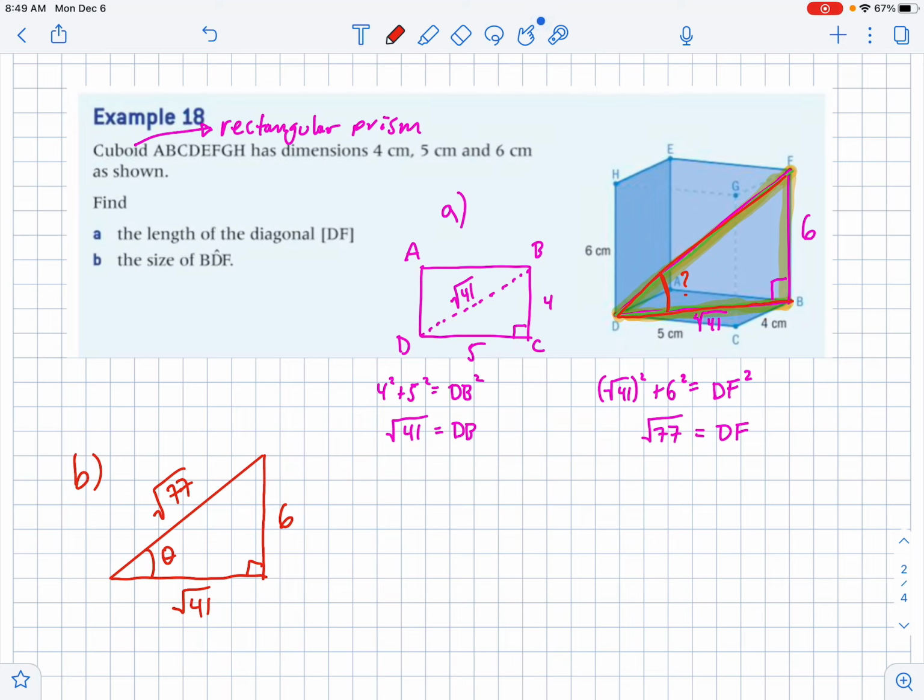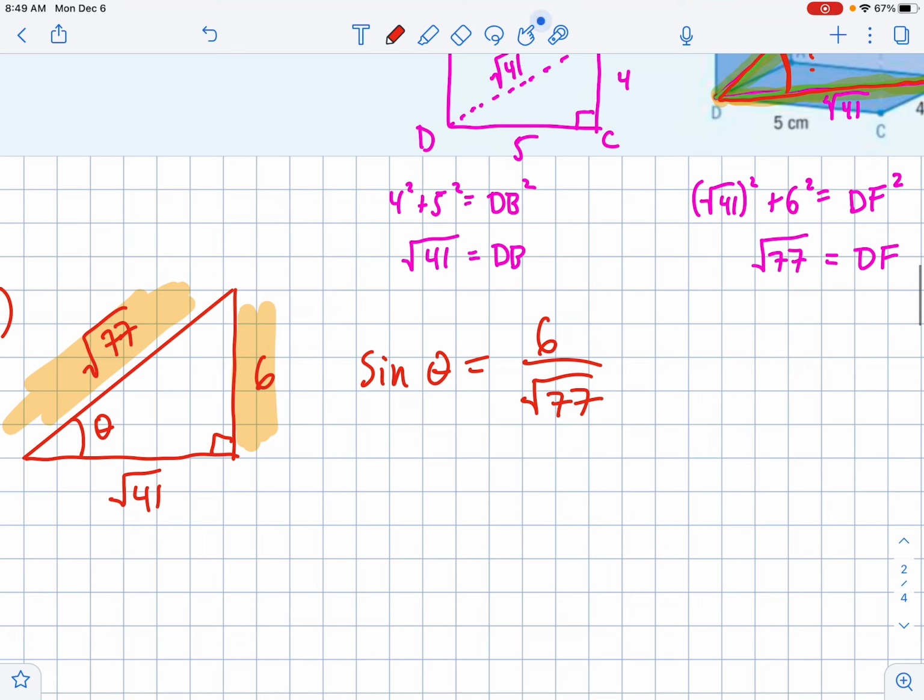Because it's a right triangle, I can use SOH CAH TOA. So I'm going to do sine equals opposite over hypotenuse. So sine of theta equals 6 over root 77. Then theta is going to be the sine inverse of 6 over root 77.